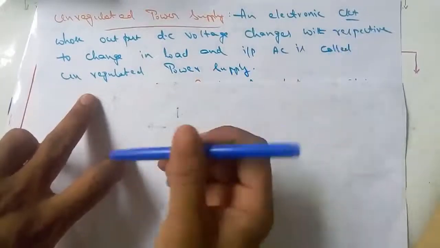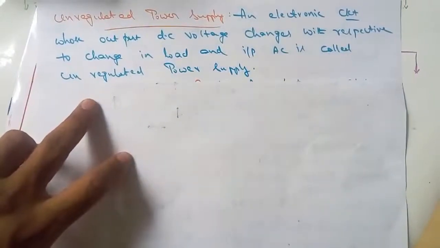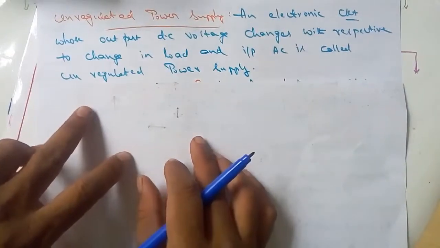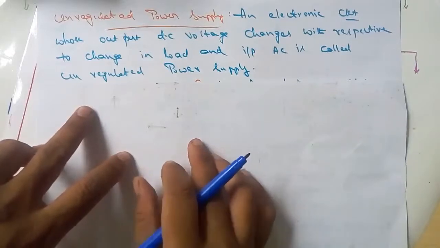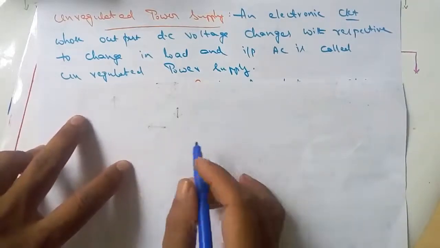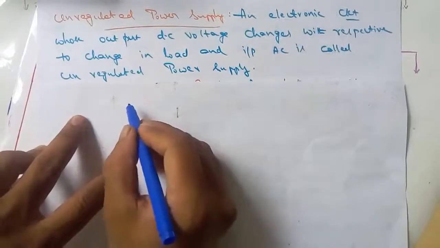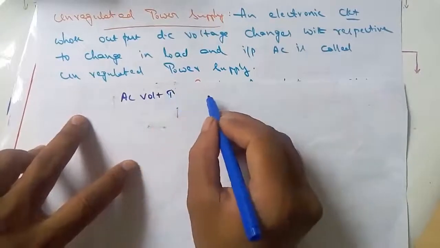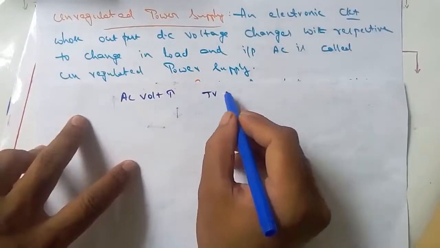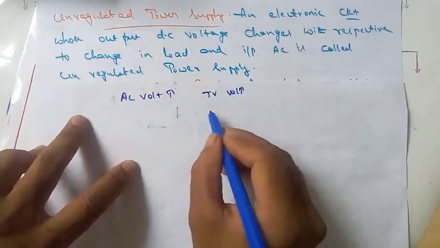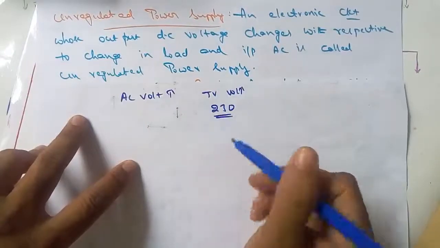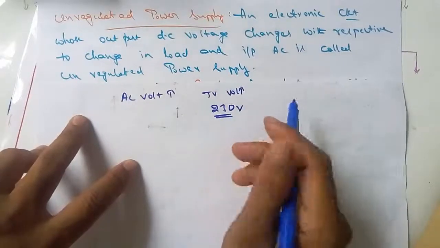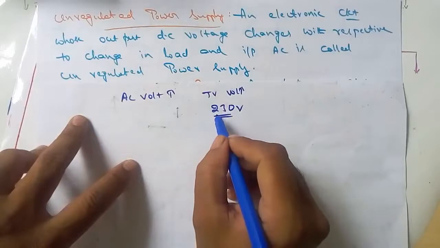For example, for our televisions and fridges, we have to use a stabilizer. Why are we using the stabilizer? If there is no stabilizer, what happens? If the outside AC voltage increases, then our TV voltage also increases. Our TV should consume exactly 230 volts, and our refrigerator also works at 230 volts.